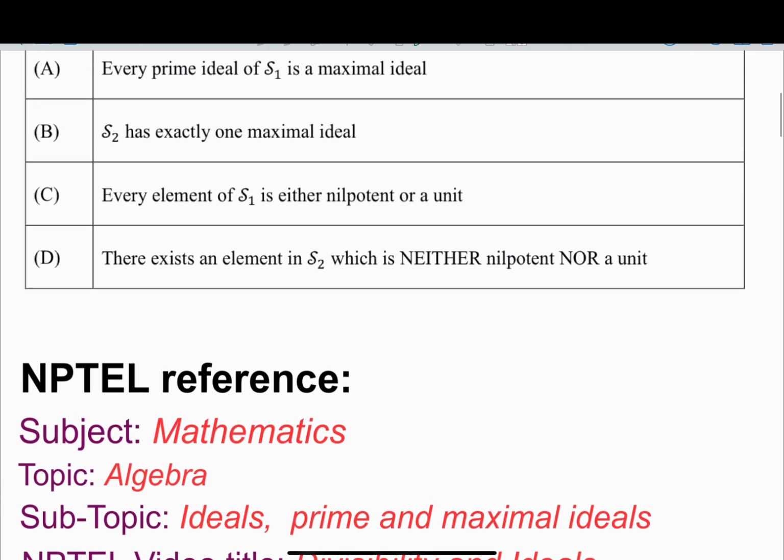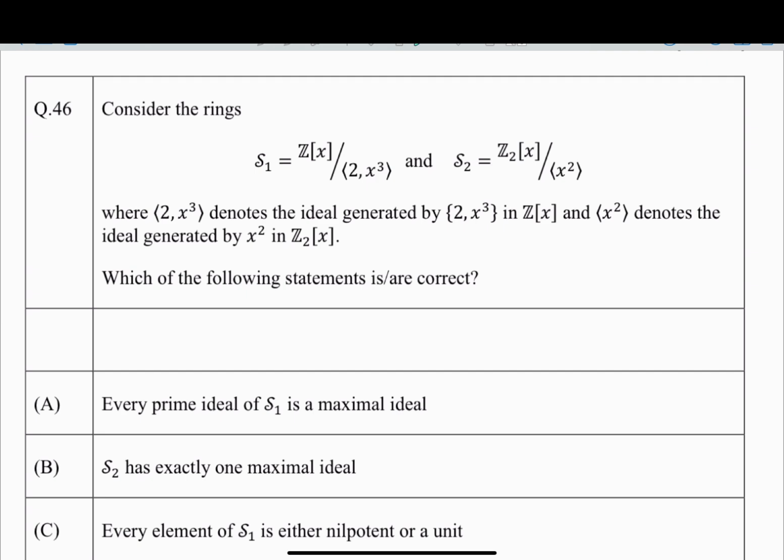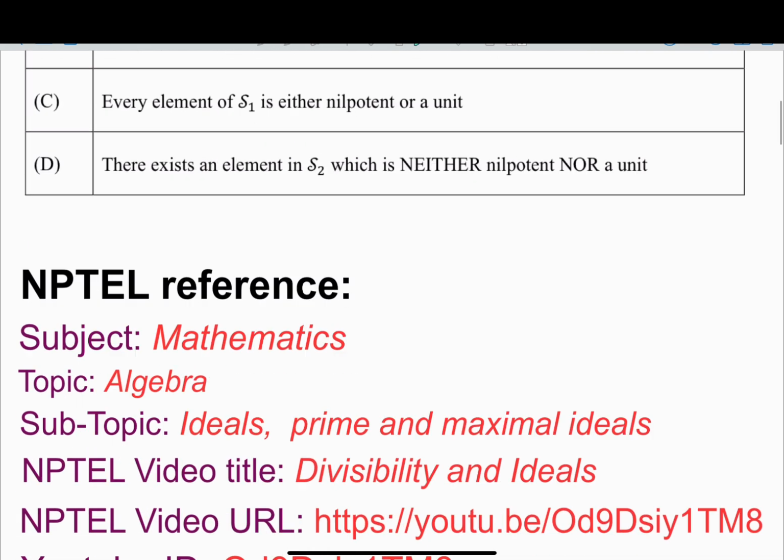Okay. So let's start from the first option. It is saying for S1, every prime ideal of S1 is a maximal ideal. So S1 is basically Z[x] mod the ideal generated by 2 and x cube, right?